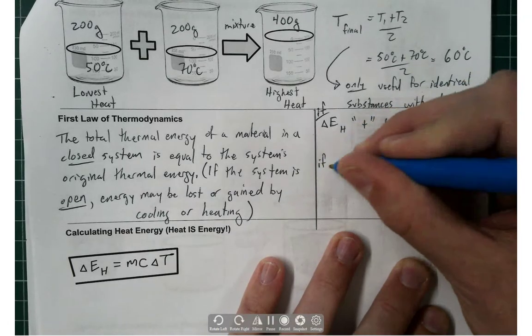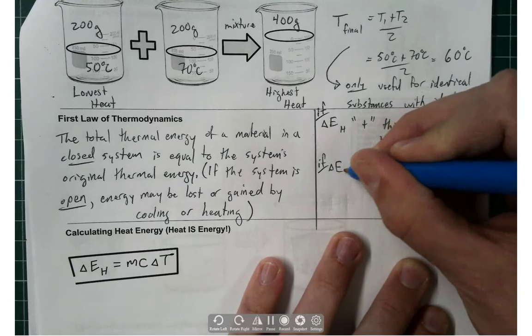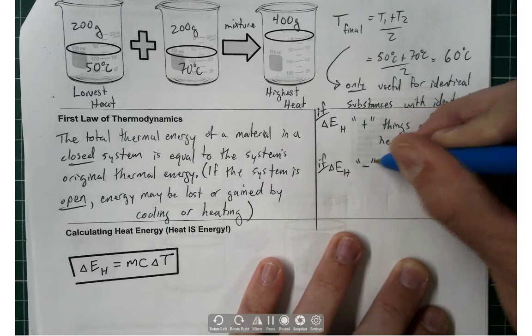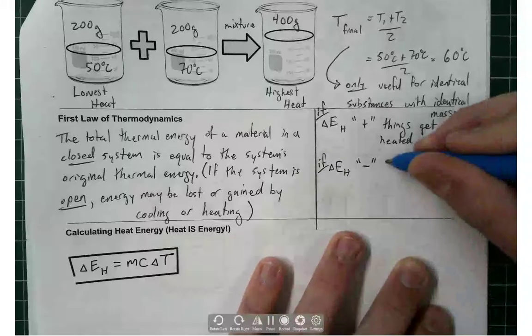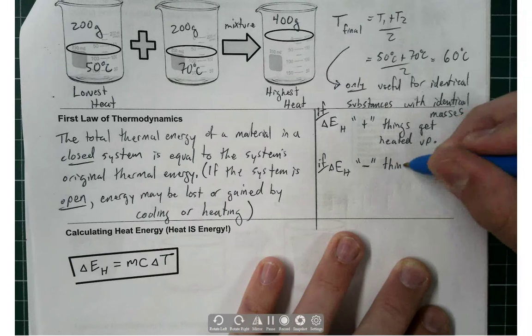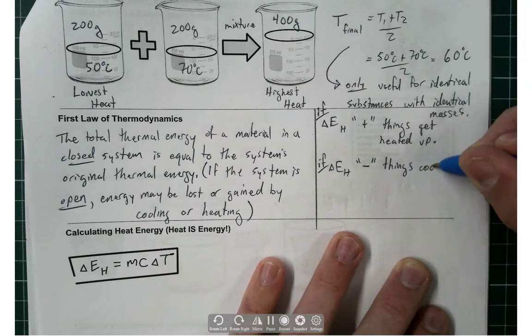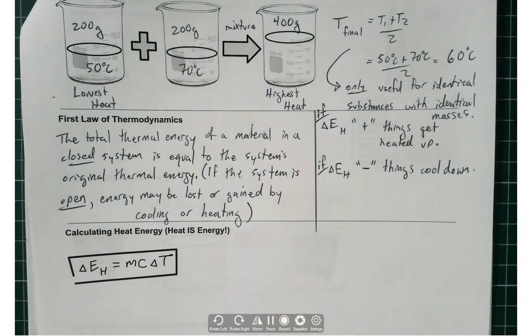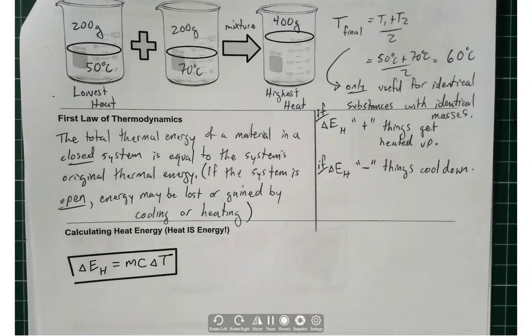If delta EH is negative, things cool down. So there's a couple of facts about the sign on heat energy.